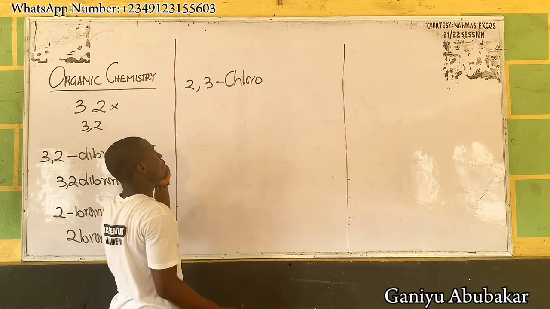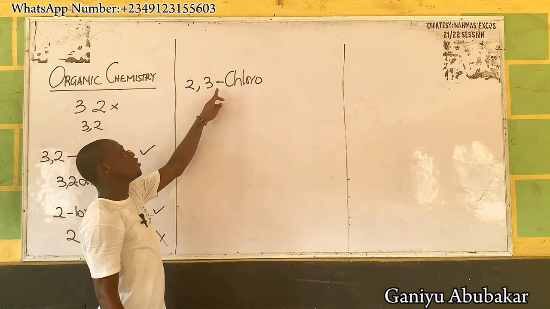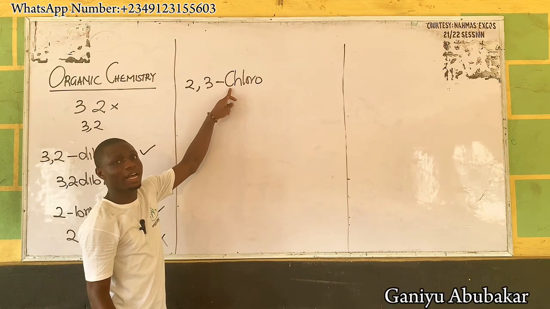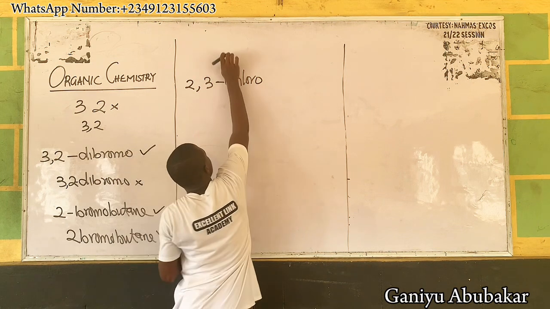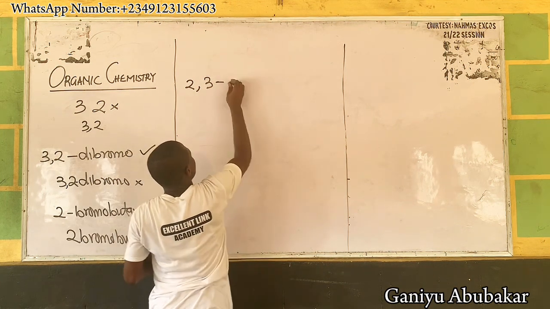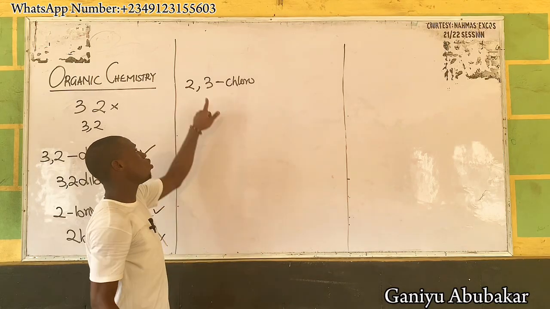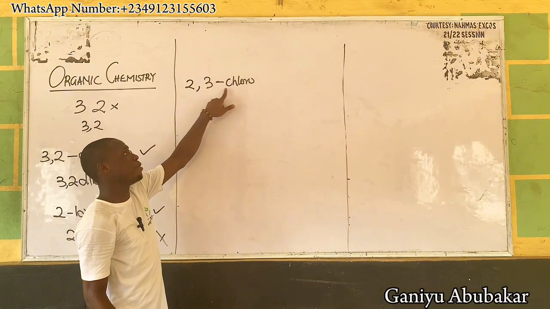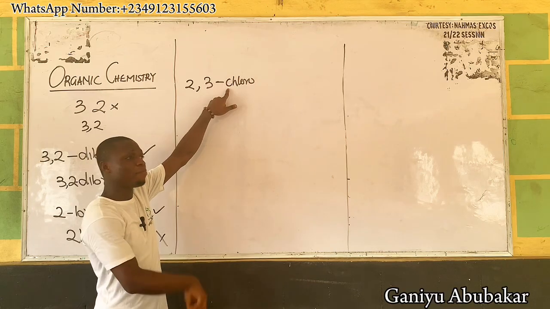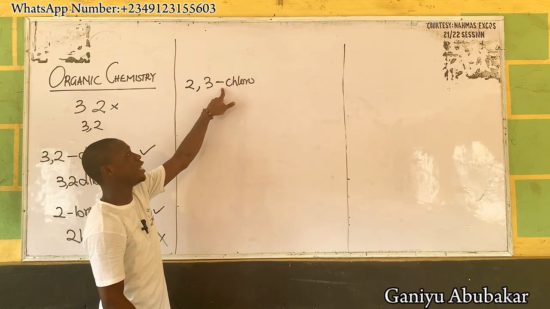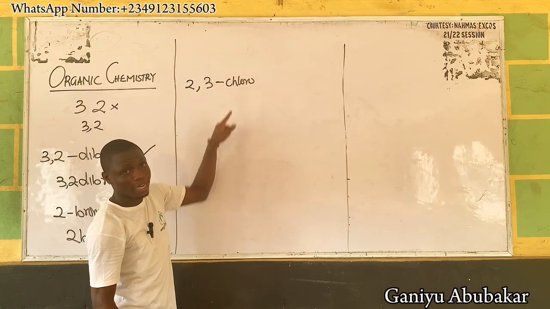This is wrong. A letter after a number should be a small letter. So I'll write it as small-letter chloro. This is correct. So an alphabet after a number should be a small letter.